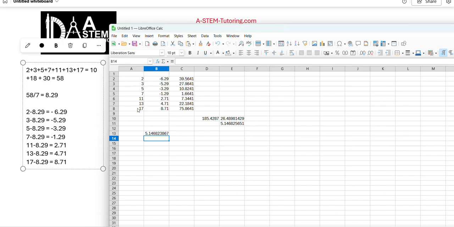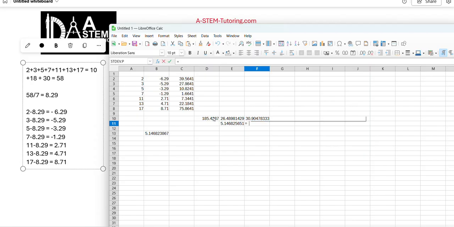Now, if we were going to find the standard deviation, assuming these 7 numbers were only a sample from a given population, then instead of dividing by 7, we would divide by 6, one less than the number of items. So we'll take the sum of all the squared differences again and divide by 6. That gives us a different variance.